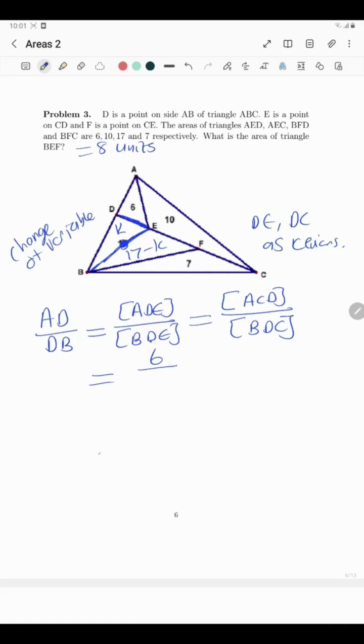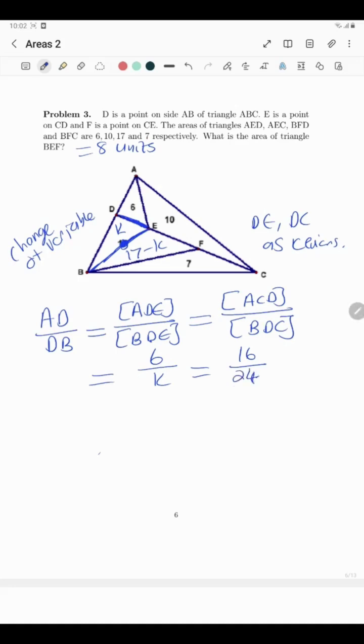I've called the area of triangle BDE as K. ACD would be adding up ADE and AEC, so that's 6 plus 10, which is 16. BDC would be the area of BDF, which is given as 17, and BFC, getting tongue twisted here, as 7, giving 24.